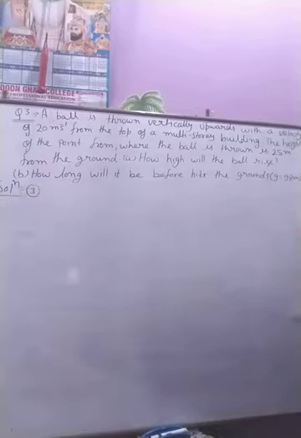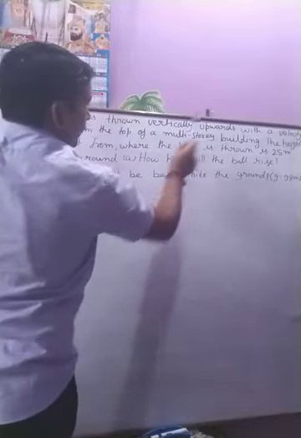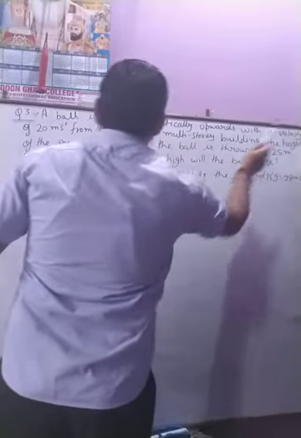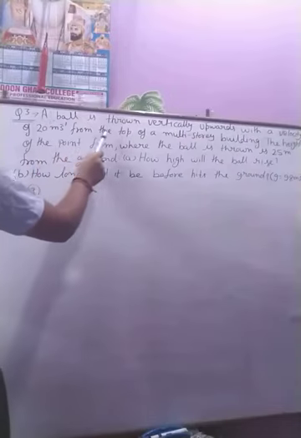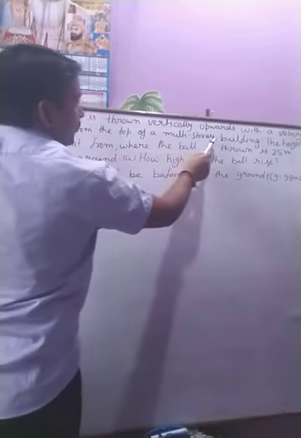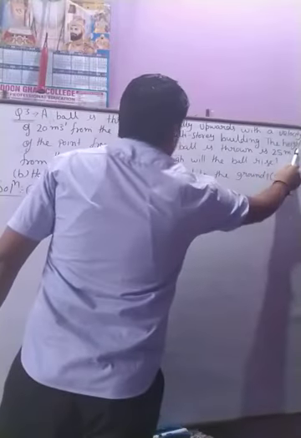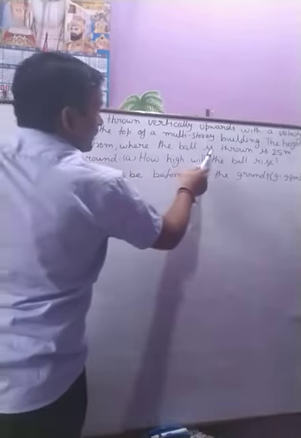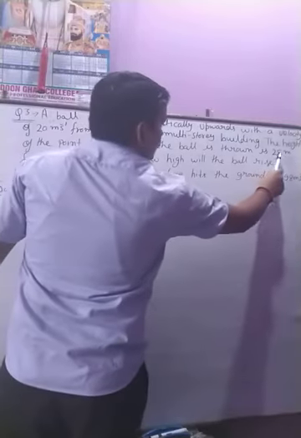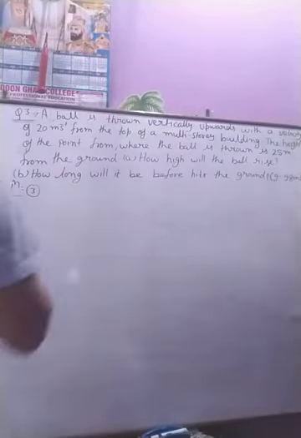The problem is: a ball is thrown vertically upward with a velocity of 20 meter per second from the top of a multi-story building, and the height of the point from where the ball is thrown is 25 meter from the ground.